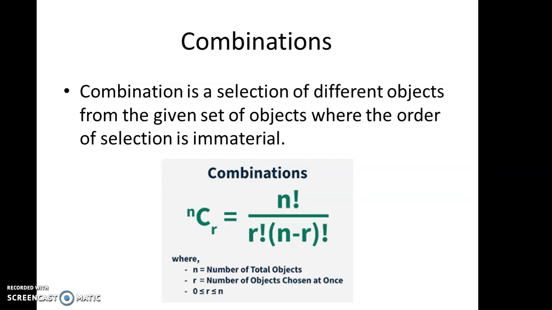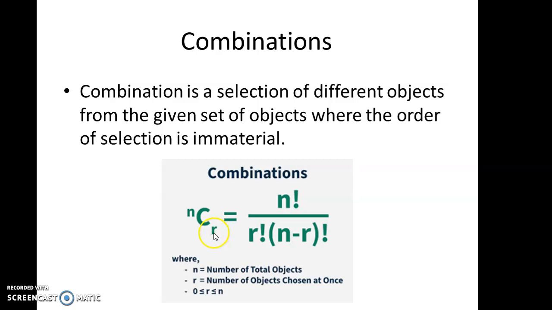Combinations is a selection of different objects from the given set of objects where the order of selection is immaterial. So the aim of this concept is we want to select some number of objects from a set of objects given in the list. For example, here the formula is nCr.